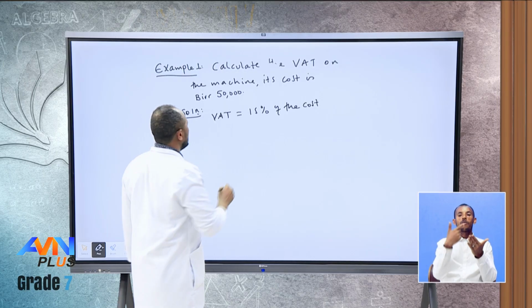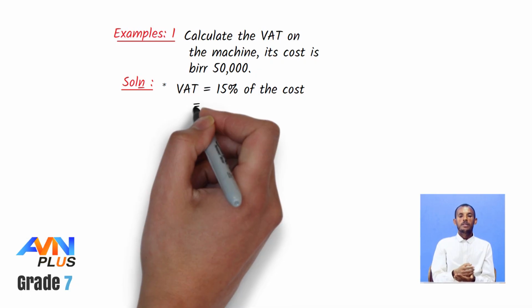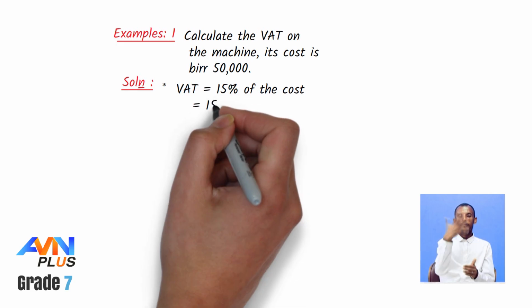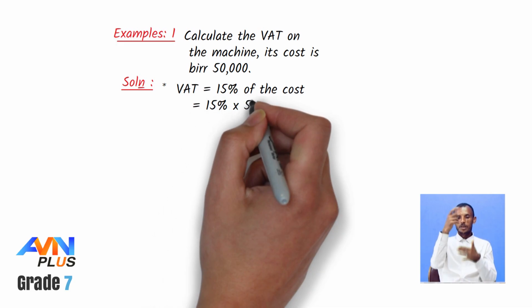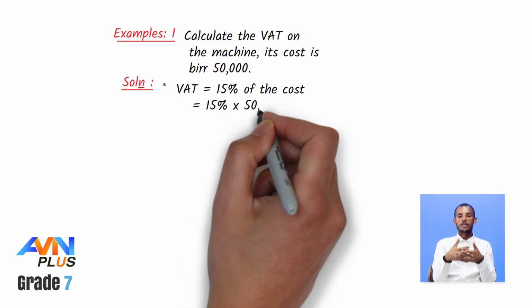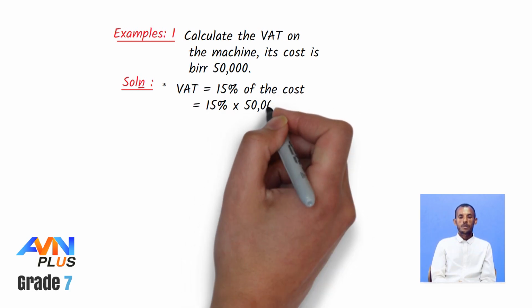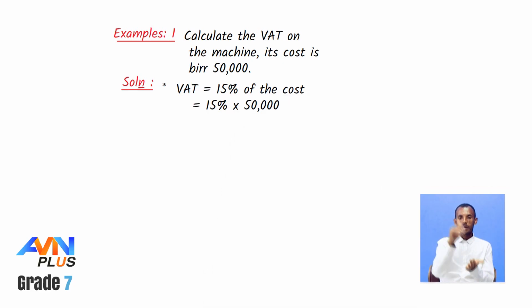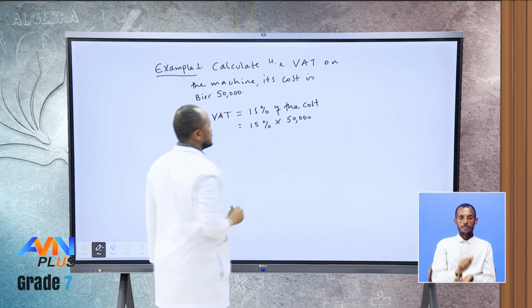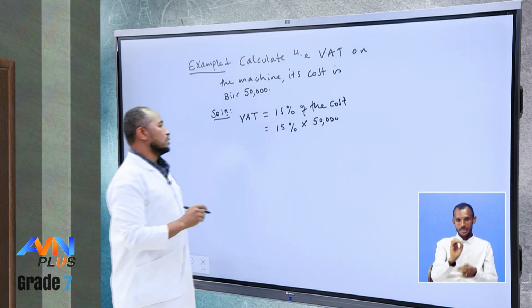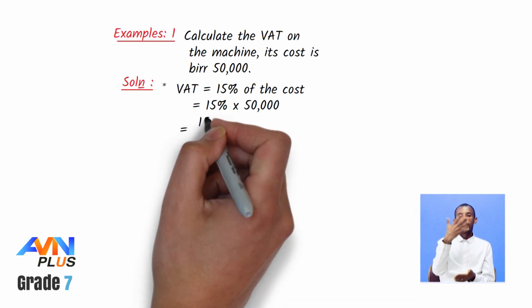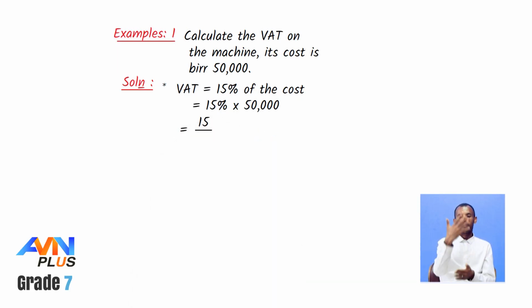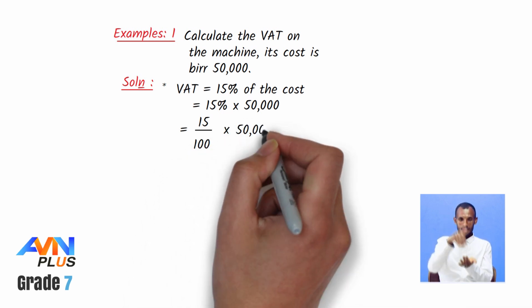Therefore, this is equal to 15% times the cost of the machine, which is 50,000. So 50,000 times 15%. 15% means 15 over 100 times 50,000.